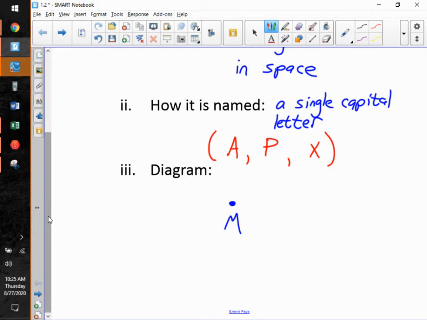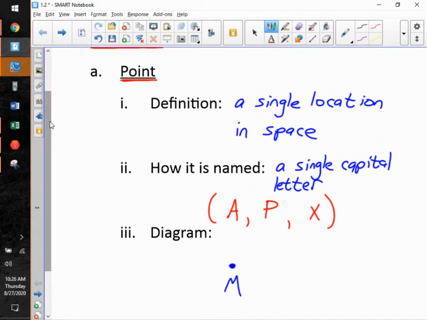So that's an important thing to note that we might want to add right here to our definition of a point. So I'll come sideways with this one, and we might write here that a point has no size or area. So we have to draw it bigger than it is, otherwise we wouldn't be able to see it.